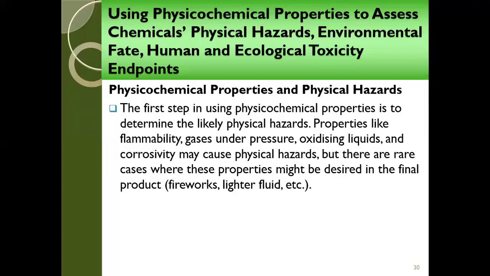Just understand the meaning or the importance of what we are trying to talk about. So first is physical-chemical properties and physical hazards. We are told that the first step in using physical-chemical properties is to determine the likely physical hazards.